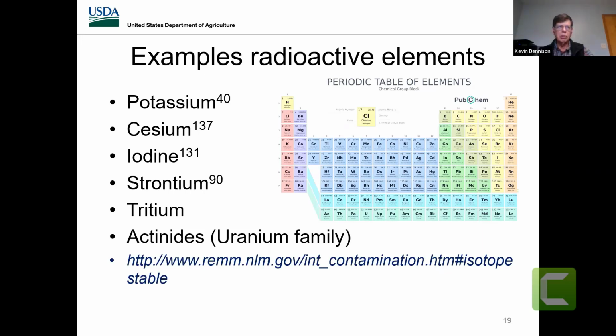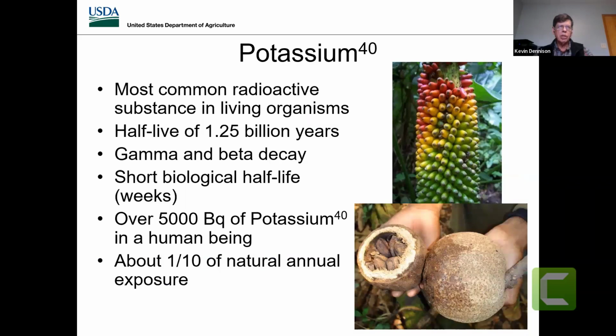So we're going to look at some of these radionuclides and see how they affect the body. The most common radioactive substance in living organisms is potassium-40. It has a very long half-life of 1.25 billion years, and it's a primordial radionuclide. In other words, it was there when the Earth was formed, and it's just gradually decaying.